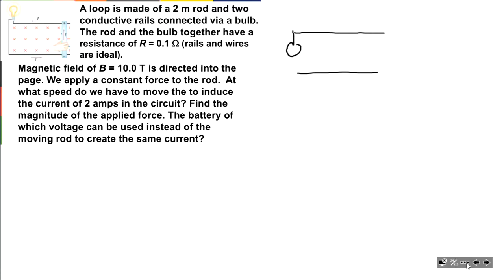So, at t equals 0, it is not moving, velocity is 0, and then we start applying a force from our hand. That force has a certain fixed value.